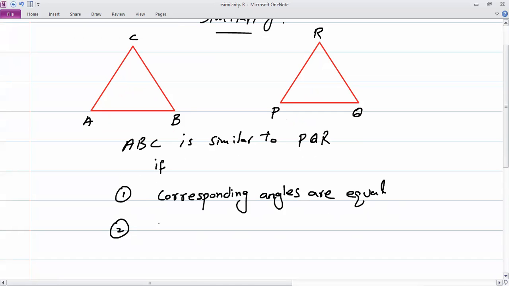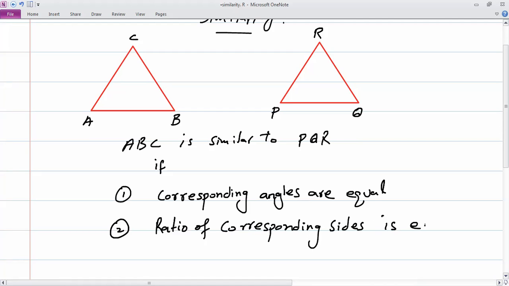Number two, the ratio of corresponding sides is equal. Now, what is the meaning of the corresponding angles and corresponding sides?